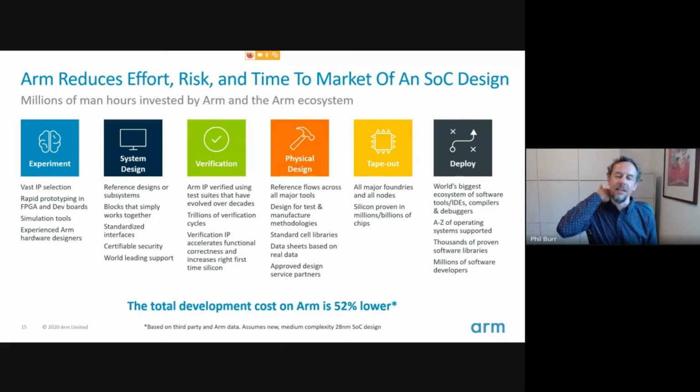I wanted to just highlight verification as a key difference for ARM. So we have a huge amount of technology that we have developed over decades that make sure that ARM technology works.